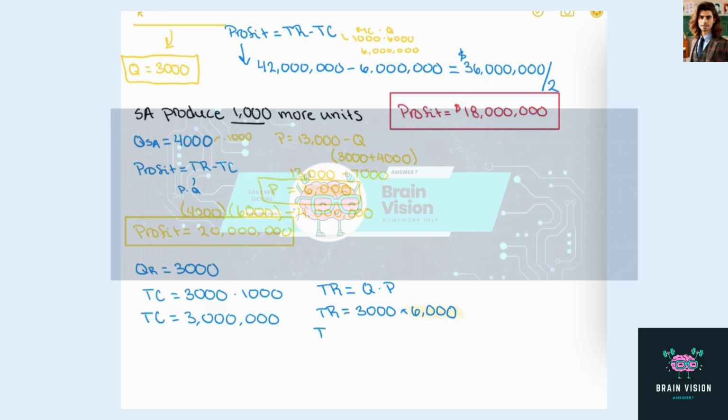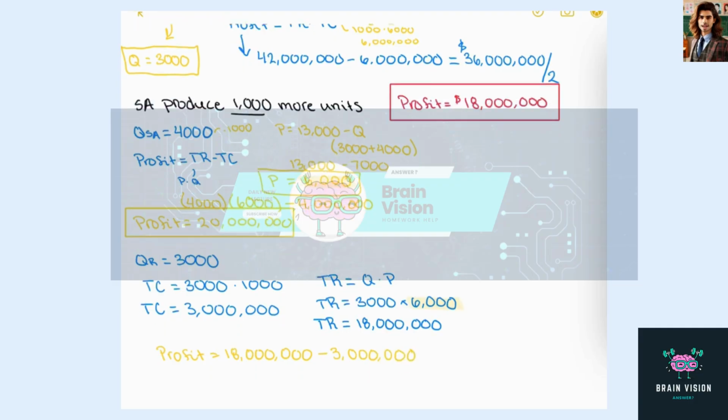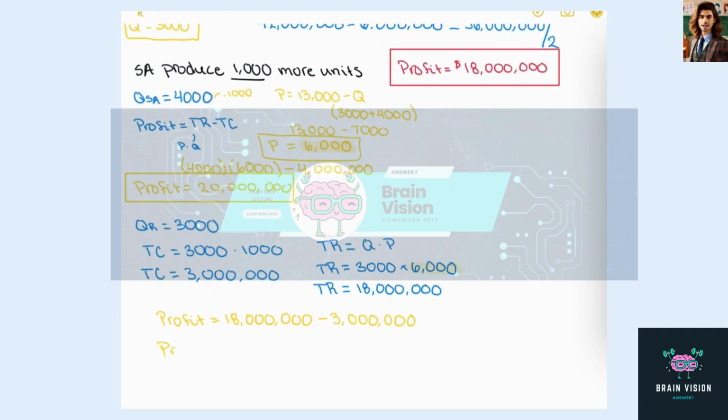This gives us a total revenue for Russia equal to $18 million. And now to find their profit, we take total revenue minus total cost. We have that total revenue of 18 million, subtracting from it that total cost of 3 million, which gives us a profit for Russia of only 15 million.